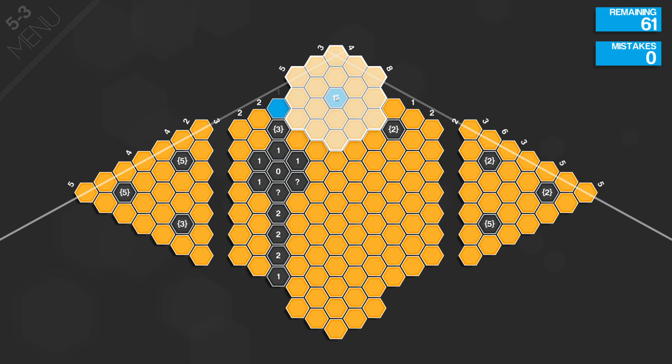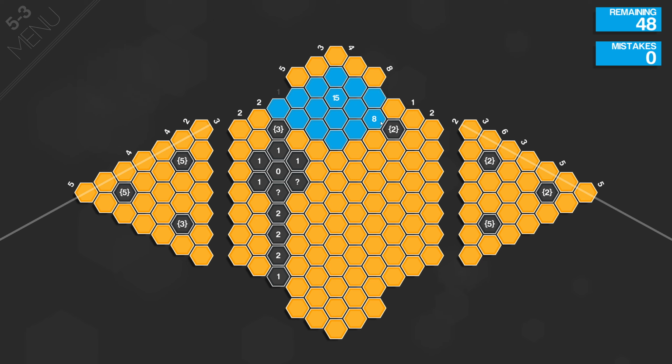Now this 15 has 3, 4, 5, 6, 7, 8, 9, 10, 11, 12, 13, 14, 15, 16, 17, 18. We need 3 of them to be black. Those 3 must exist within this space here, so everything below that is blue. Alright, we can make some progress.